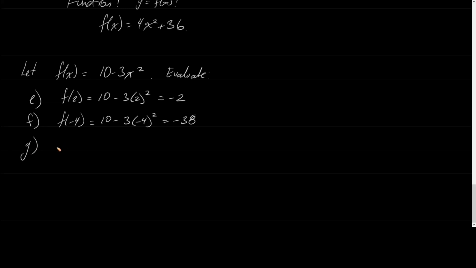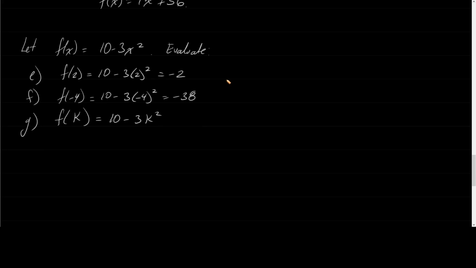So if I had something like f of k, what would that really be? That would be 10 minus 3k squared. And that's it. We're done. All I did was change the variable. It told me to plug in k, so I plugged in k. And the same idea holds for whatever's inside the parentheses.